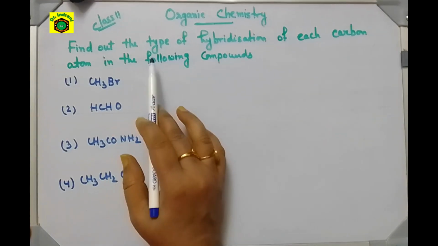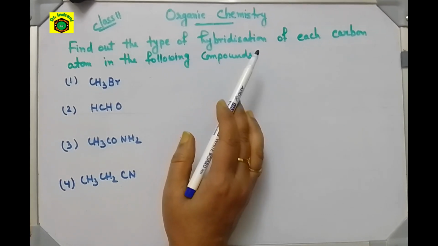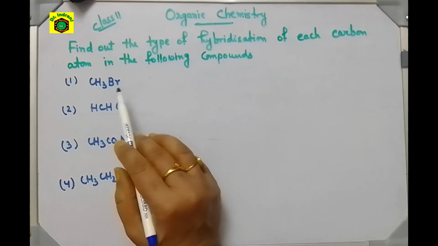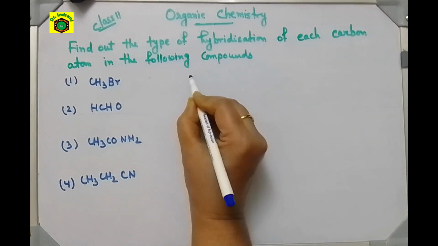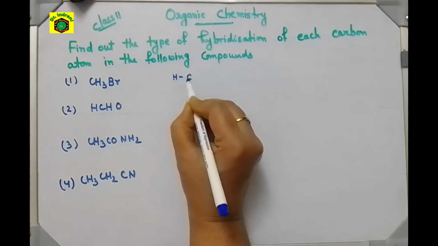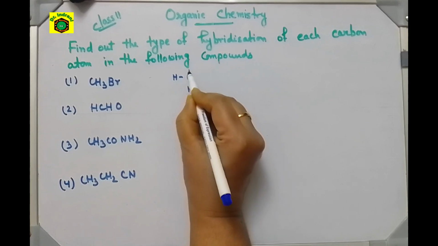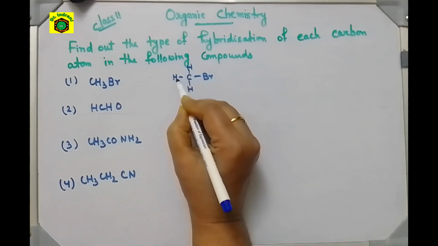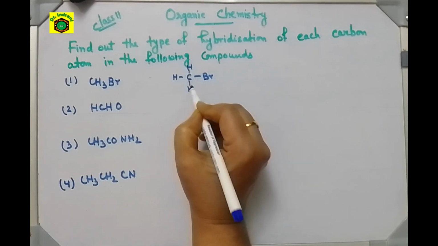Next problem, find out the type of hybridization of each carbon atom in the following compounds. First one is this one. So you have to write complete structure. CH3 with carbon, 3 hydrogens are attached, and here one bromine is attached. So this carbon is having 4 sigma bonds.